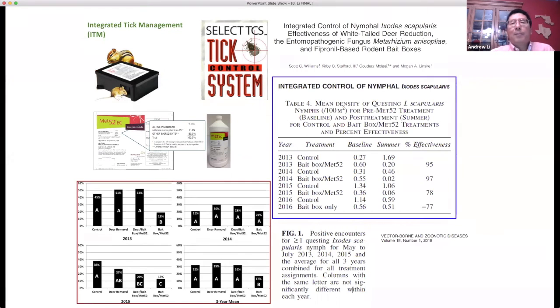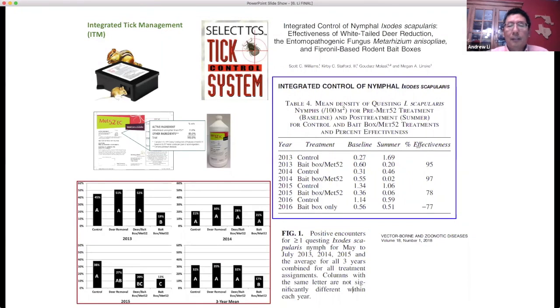This new publication came out from Connecticut by Dr. Scott Williams and Kirby Stafford. What they did, they tested the compound use the bait box and Metafit2. Metafit2 is an entomophagous fungi product.